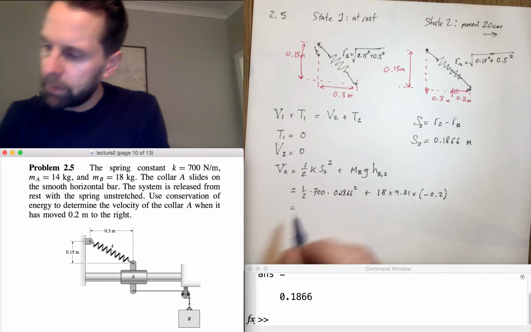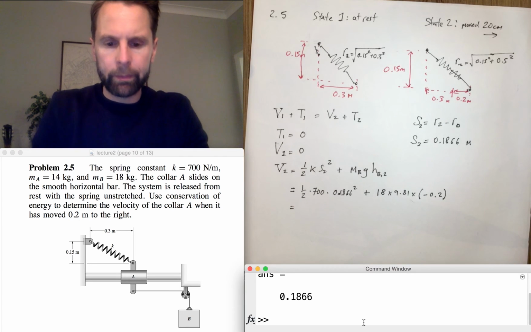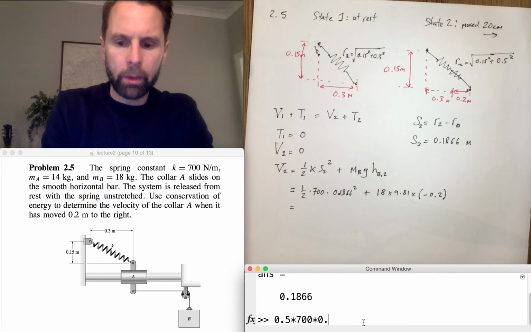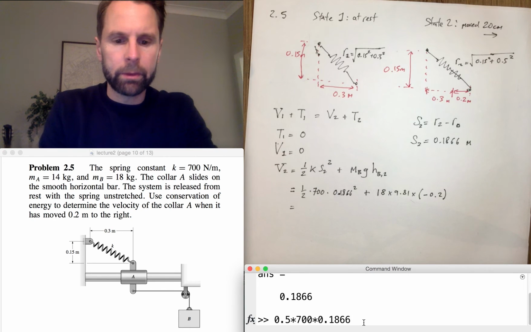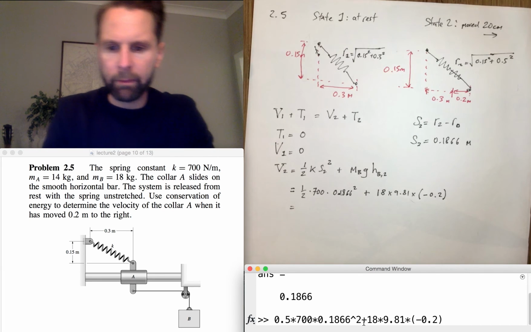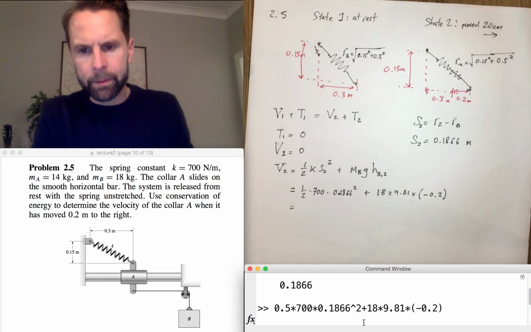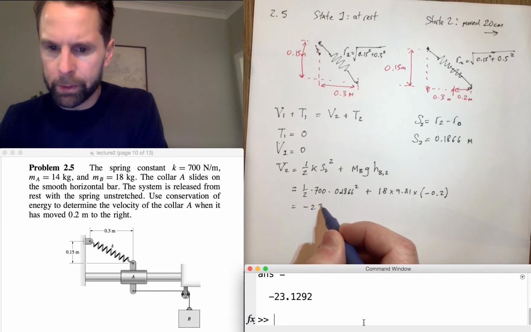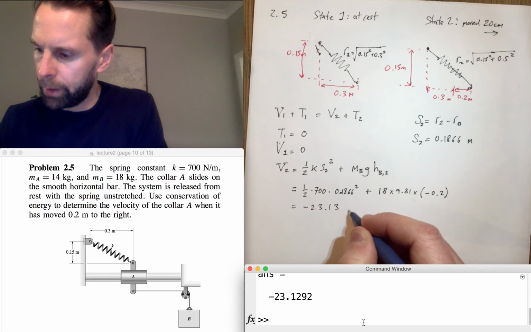And that equals, what does that equal? 0.5 times 700 times 0.1866 squared plus 18 times 9.81 times minus 0.2. I wouldn't advise you doing this long an expression on your calculator because you can't see it necessarily. It's a little bit harder to do. That's equal to minus 23.13 Newton meters.